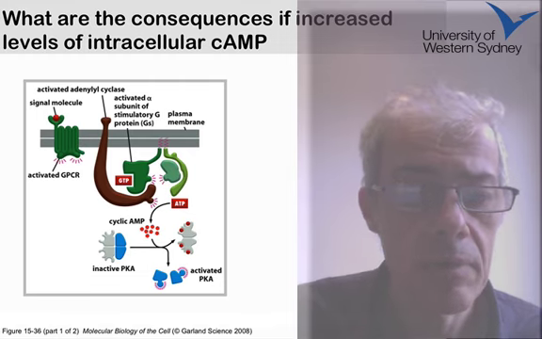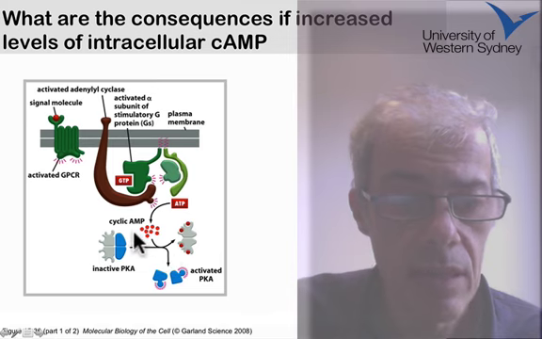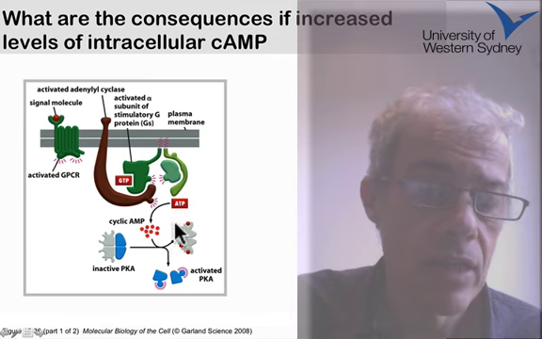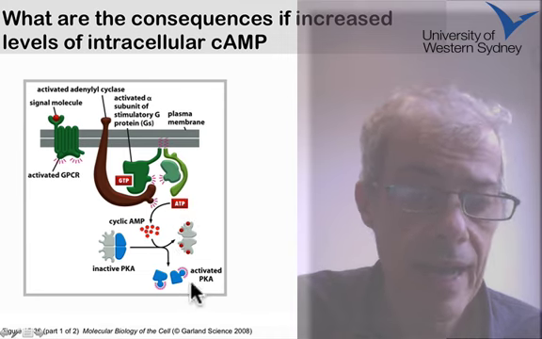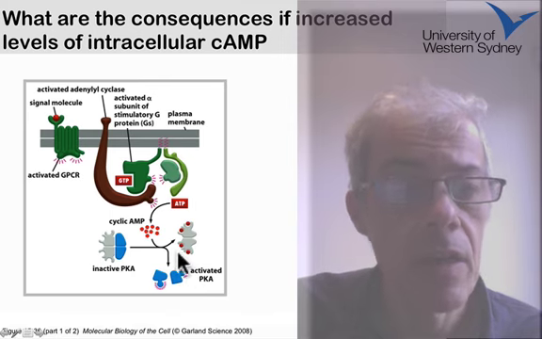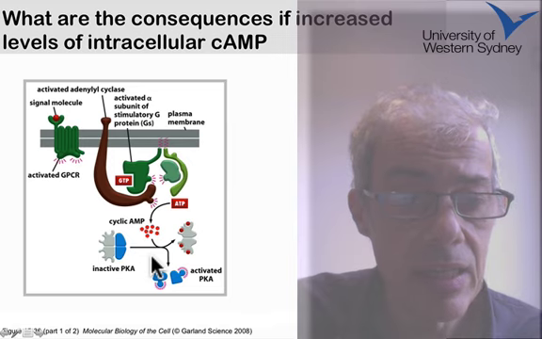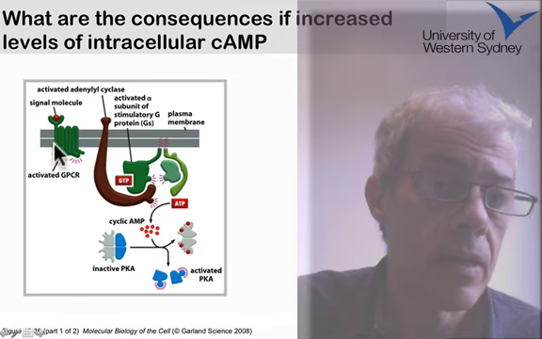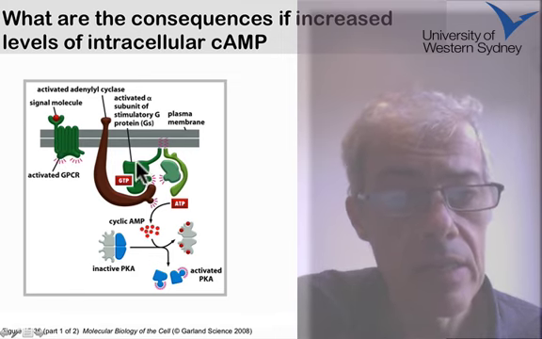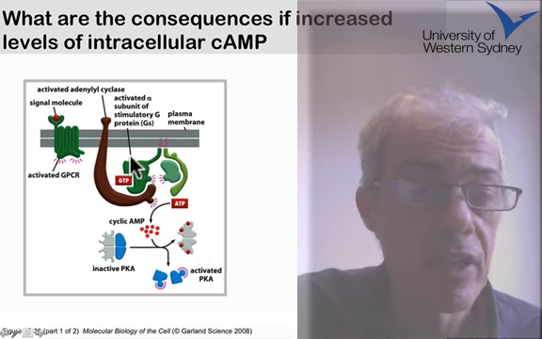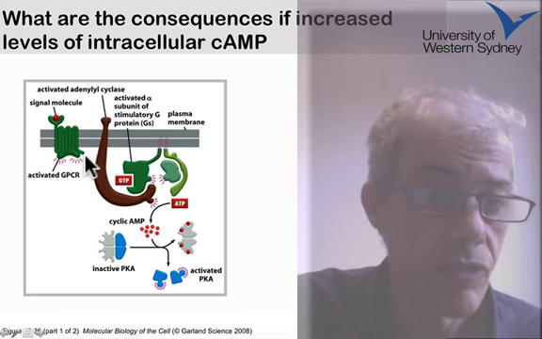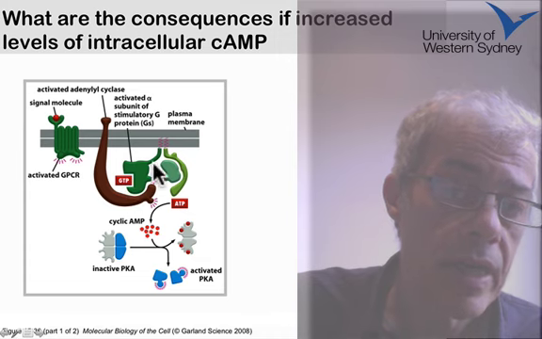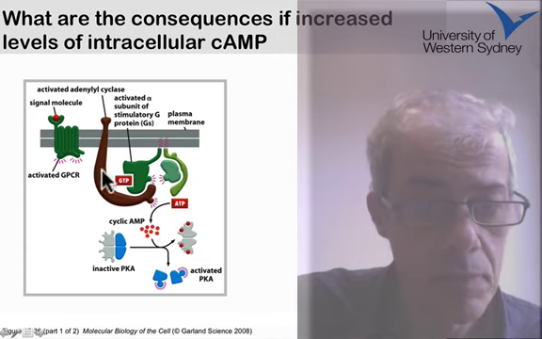Now, a lecture or two ago, we looked at the activation of protein kinase A through allosteric interaction with cyclic AMP to give the active catalytic subunits of protein kinase A. This shows some of the upstream events that lead to its activation: a signal binding to a G protein coupled receptor, and then the heterotrimeric G proteins bound to the receptor exchange and activate GTP, which then activates the adenyl cyclase, which is this big brown one shown here.